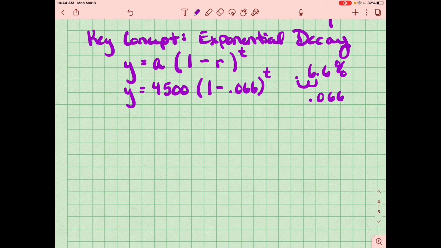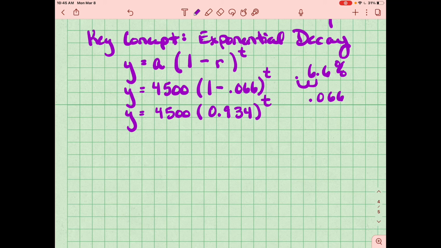Then we can simplify this equation a little bit. Y equals 4,500 times 0.934. So notice that that number is less than 1, so it is exponential decay, and our air is going down. And so this equation will represent how much air is left in the raft after a certain number of days. T is in days.